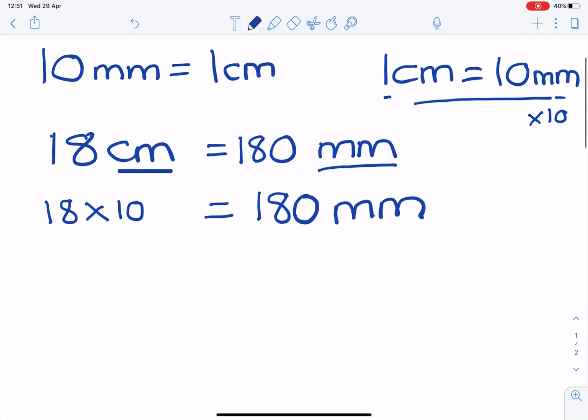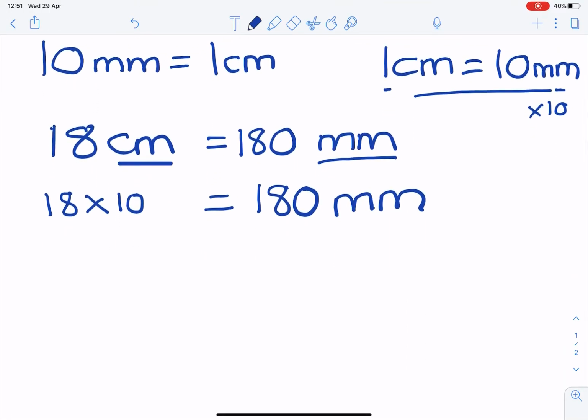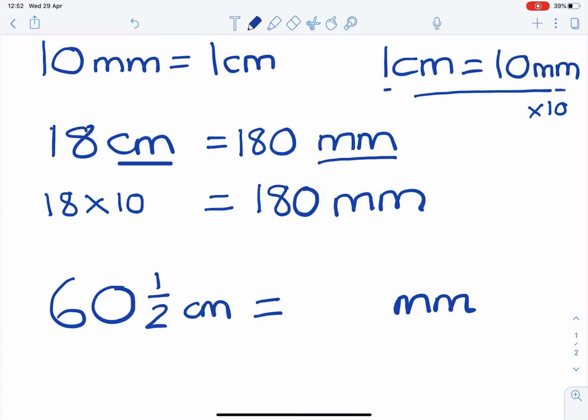Let's look at the next example. It says, how many millimeters are there in 60.5 centimeters? 60.5 centimeters will equal how many millimeters? What we're going to do is split this into two. We're going to look at the 60 first.